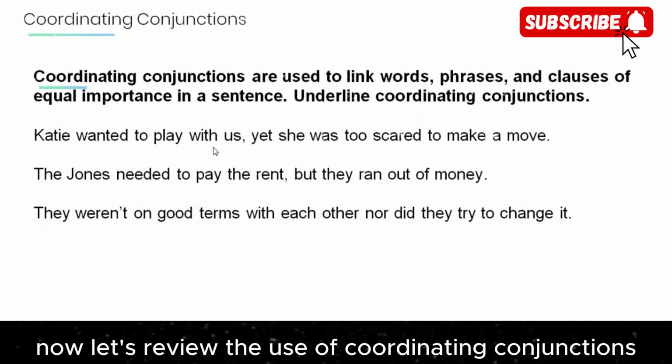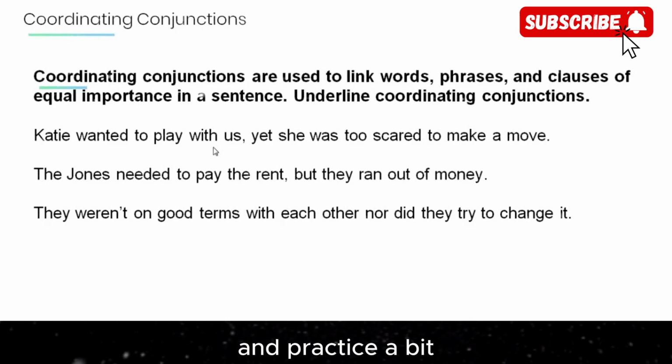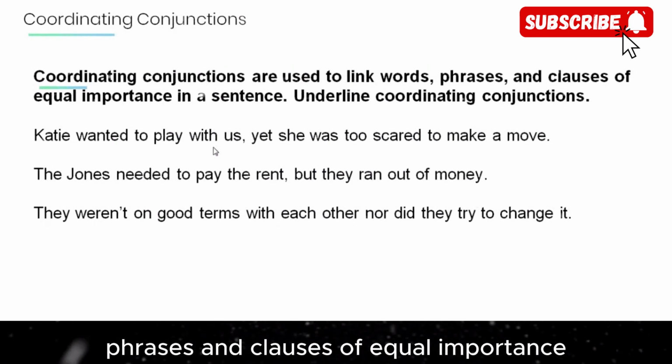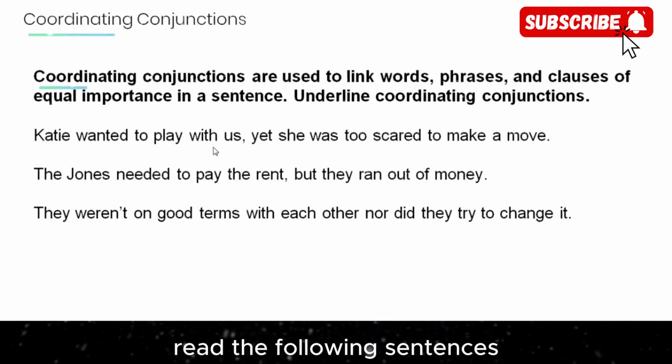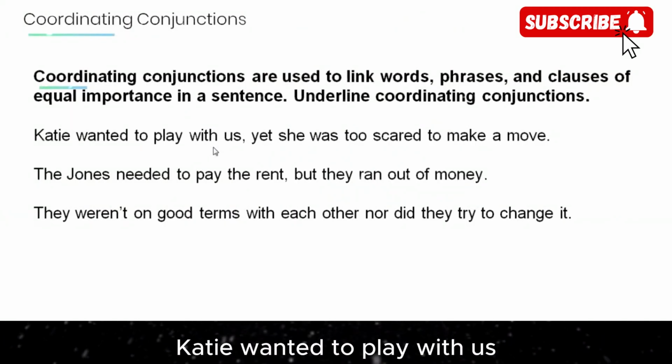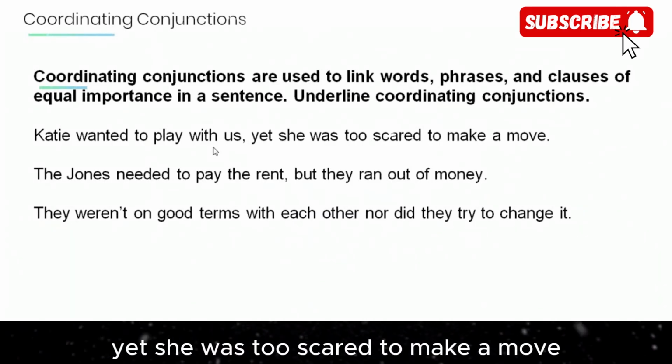Now let's review the use of coordinating conjunctions and practice a bit. Remember, the coordinating conjunctions are used to link words, phrases, and clauses of equal importance in a sentence. Now read the following sentences and underline the coordinating conjunctions. Katie wanted to play with us, yet she was too scared to make a move.